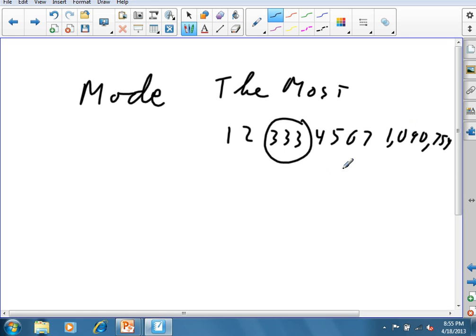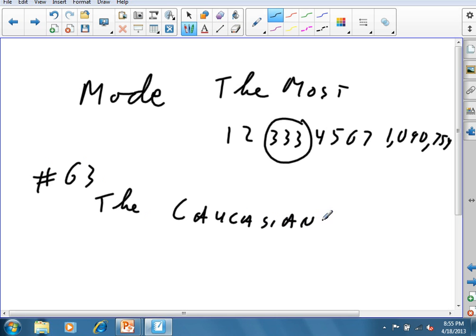Okay. So I look at this and the mode is clearly the Caucasians. So number 63, the Caucasians. Excellent.